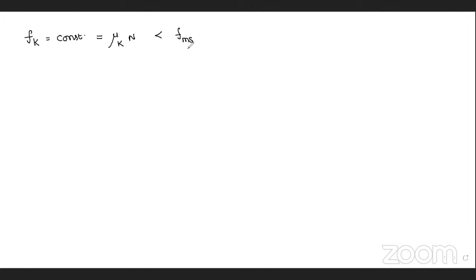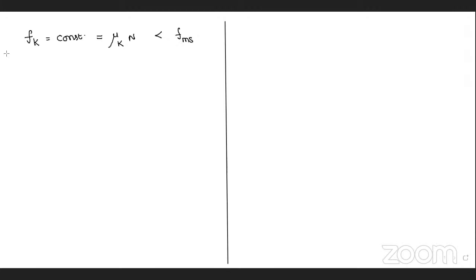Then how do we use kinetic friction in numericals? We have only one formula for kinetic friction, straight away mu k into N. Whatever N value you get, we substitute here and find the kinetic friction.